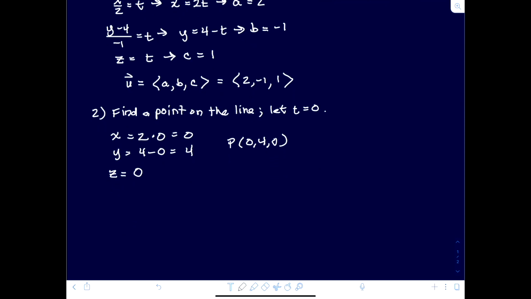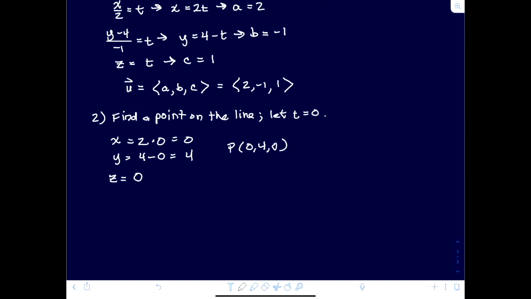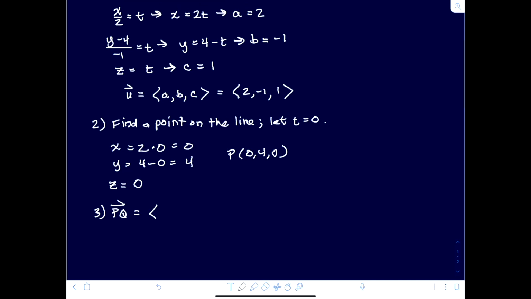Now we need to form the vector that goes through these 2 points. So let's find PQ. PQ will equal the vector.